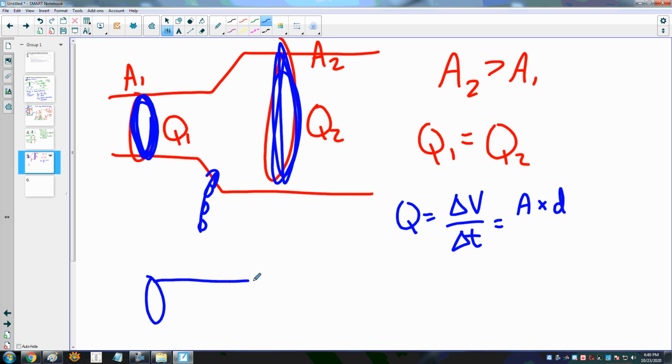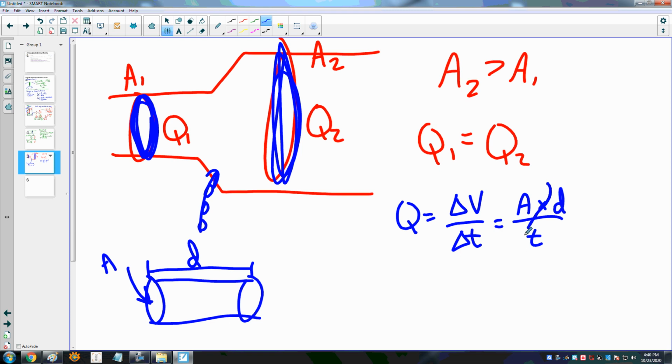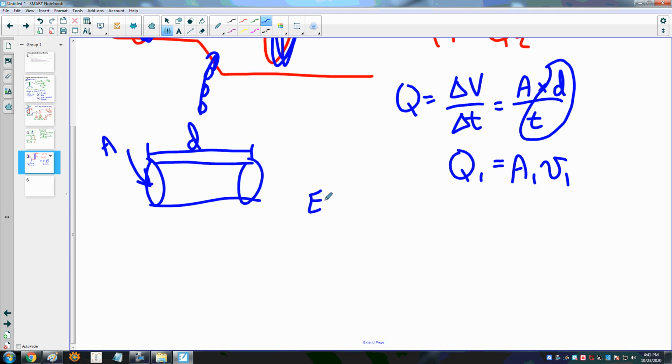Right, so if I imagine that I have a cylinder right here, this is some area, this is the distance, or the length of that cylinder, and so it's an area times a distance. And so if I look at this, A times D divided by T, notice that this D over T is our expression for our velocity. So the volume flow rate Q1 is equal to A1 times V1. And so that leads us to an equation called the equation of continuity, or the continuity equation.